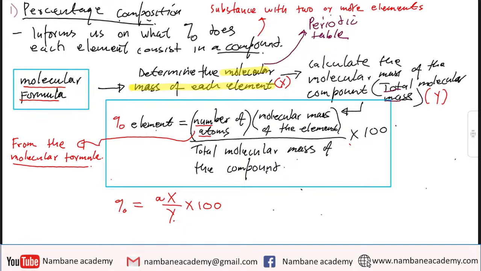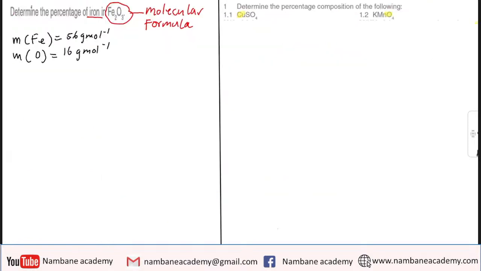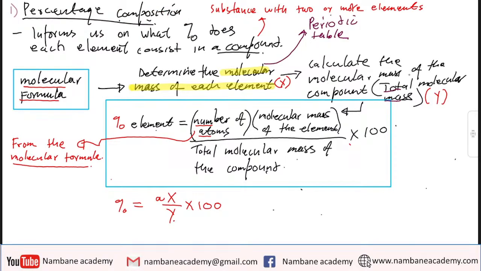The part of how many atoms we have will come now when you calculate the percentage of an element. That is where the number of atoms will come in. But for now, we want the molecular mass of an element, not a diatomic element, not a compound, but now the element.